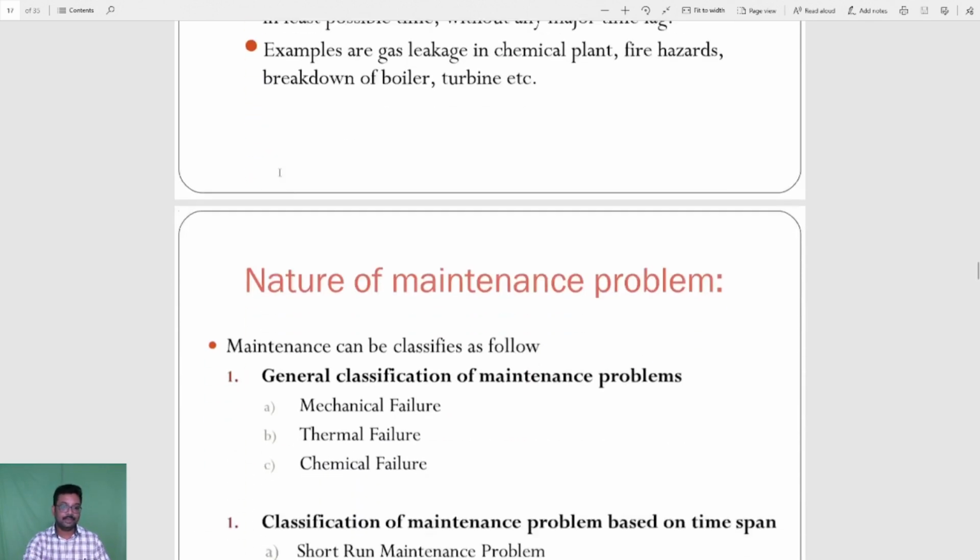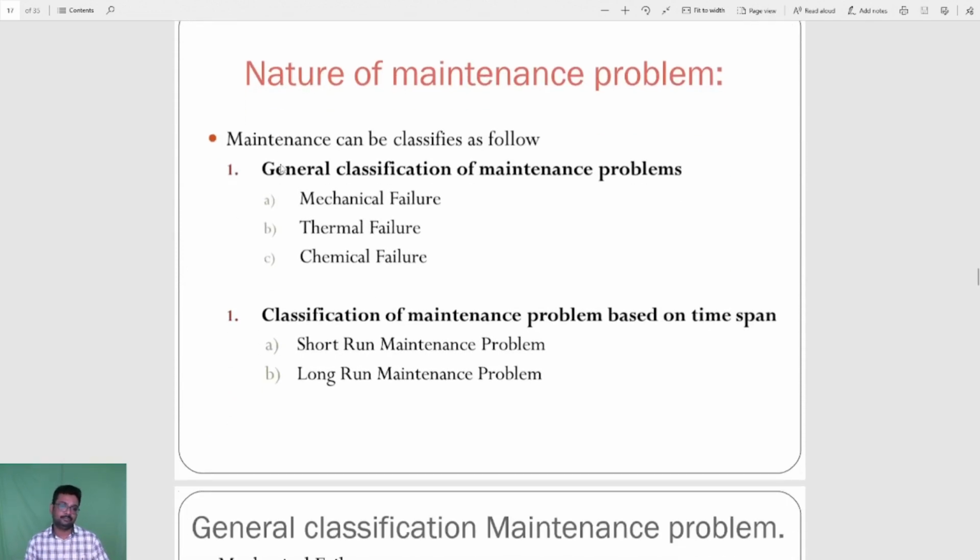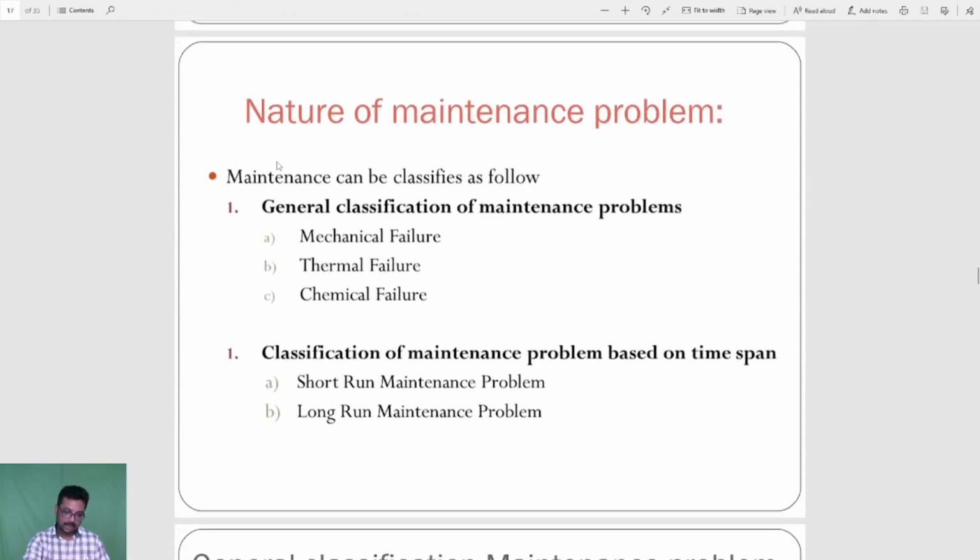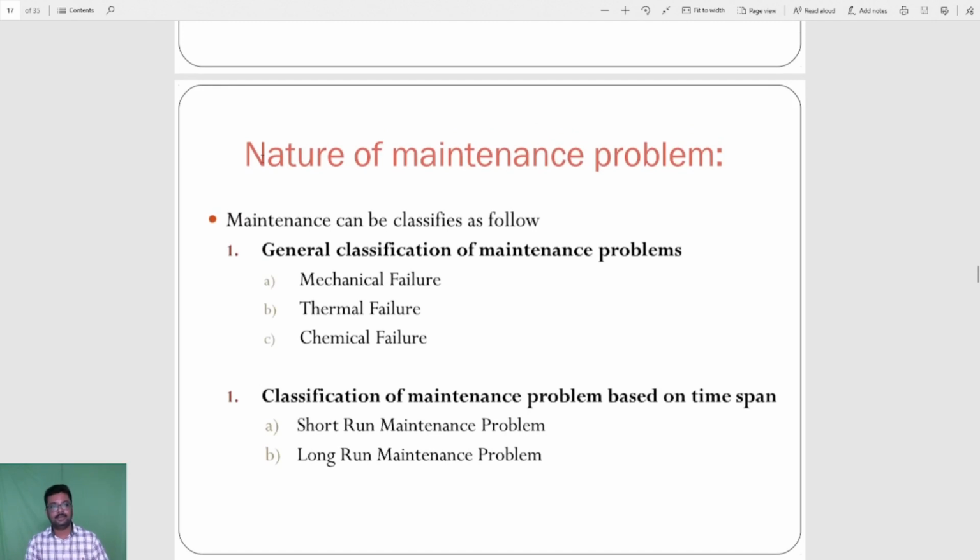Then the nature of the maintenance problem. Guys, so far we have discussed the concept of maintenance, types of maintenance, how we get maintenance, and why we need maintenance. But the nature of the maintenance problem is actually classified based on the failures. Normally in a mechanical industry, mechanical, thermal and chemical are said to be the main failures.